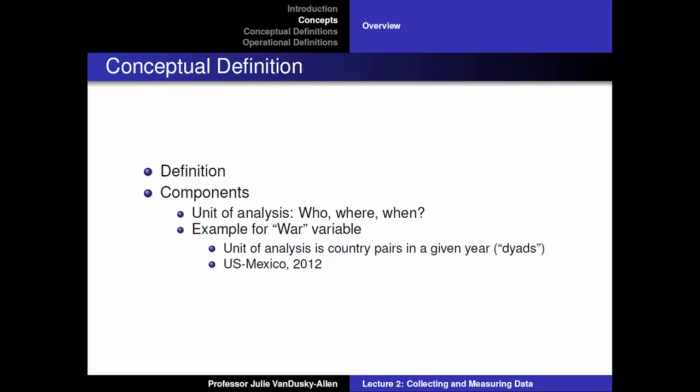It also tells us where these individuals exist and when they exist. Going back to the war example, the unit of analysis would be pairs of states, like the US and Mexico in 2012. These pairs are called dyads. If you ever take an upper division course in international relations, you will talk a lot about pairs of countries or dyads.